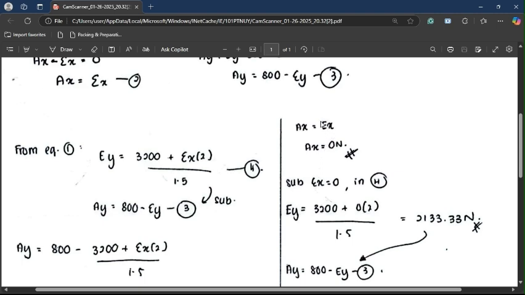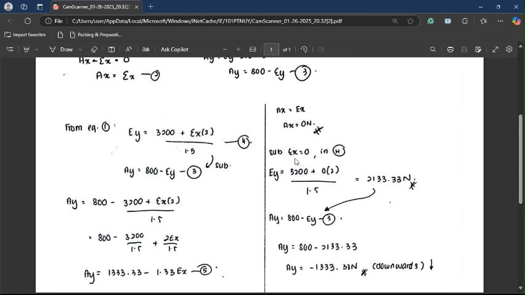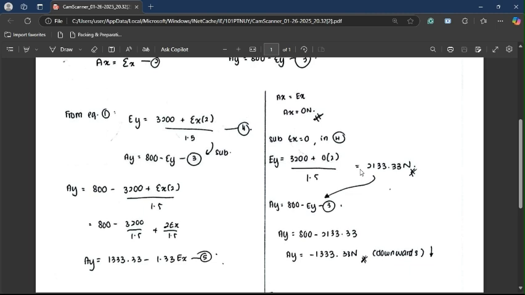As you can see, Ex is 0, so subbing the value of 0 here, we can get the Ax value. And we're going to use the Ex value in another equation to find Ey. Just subbing Ex to be 0, you will get the value of Ey as 2133.33 Newton. Settled for Ex, Ax, and Ey.